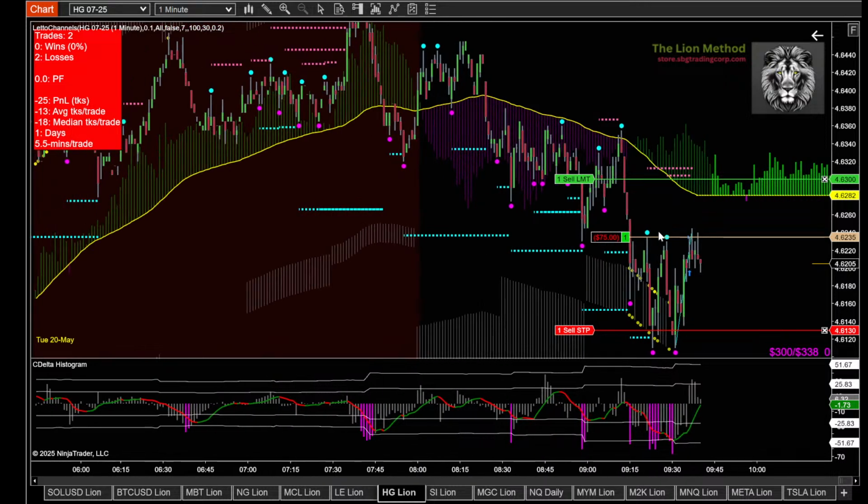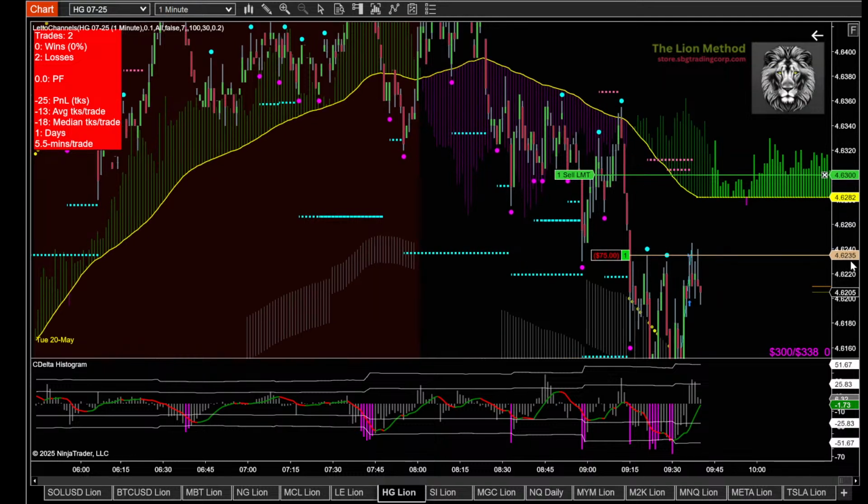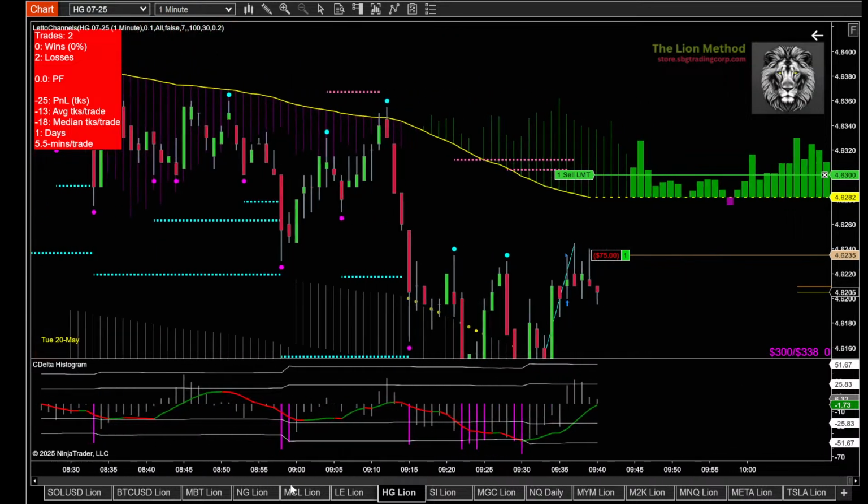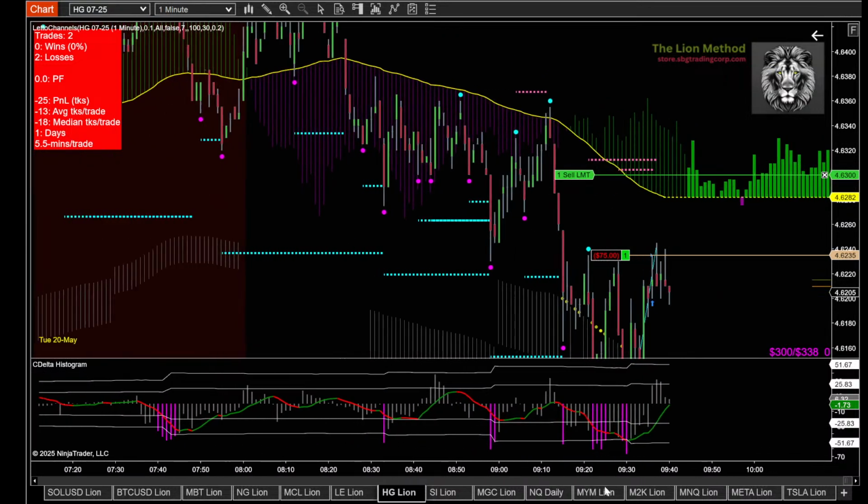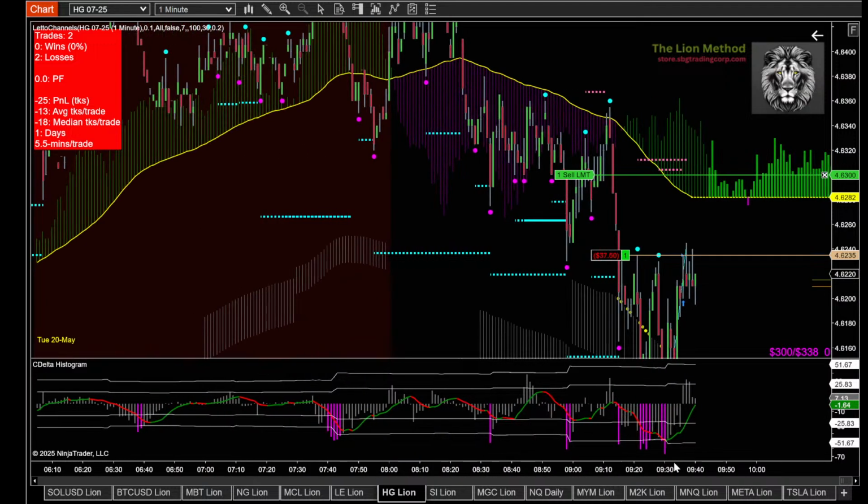We exceeded this high by a tick or two, and that was all we got. Since we're not so excited, I'm going to move my target down to the 100. Let's get out of here as soon as we can.